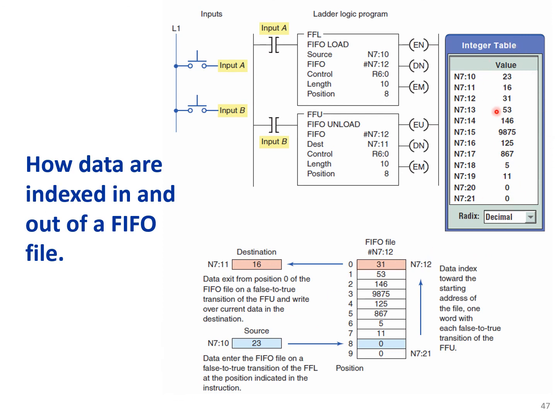And you see this is our bit register here, 0, 0, 1, 1, and so on and so forth. You see that the source is N710. Okay, so this is the source, and the destination is N711. And the address of the FIFO, for both of them, is 712.